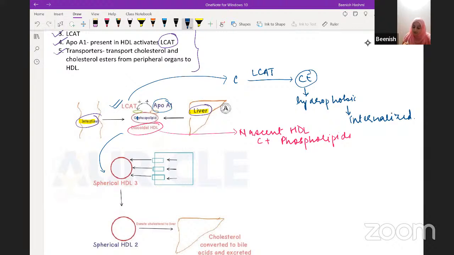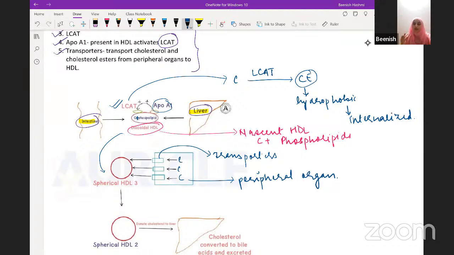Now what happens from the peripheral tissues? This is your peripheral tissue. These peripheral organs have transporters, and with the help of these transporters, the cholesterol from the peripheral organs is transferred to the spherical HDL3.